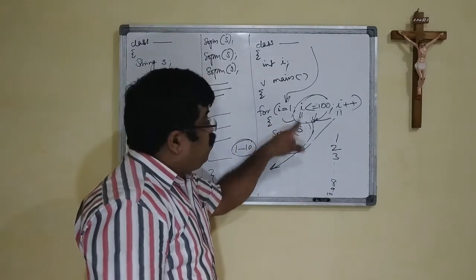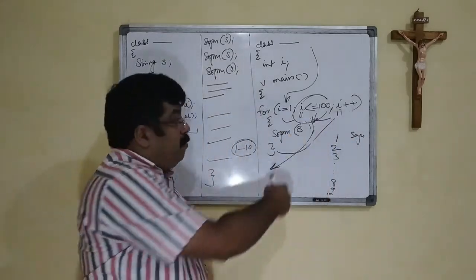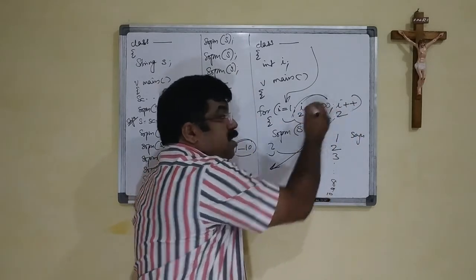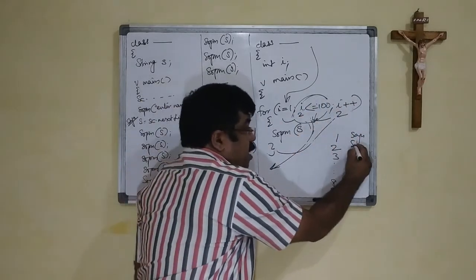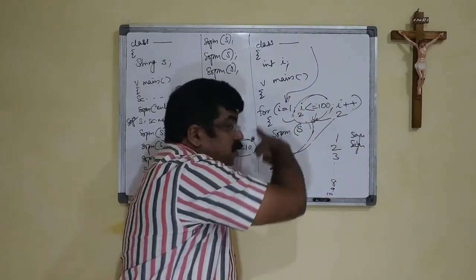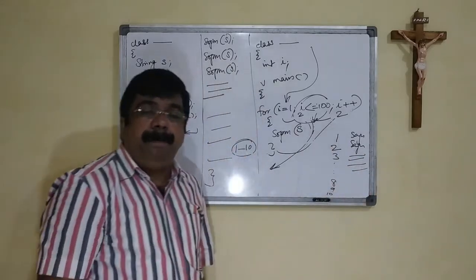So when I is 1, the first time it will print my name. When I is 2, 2 is still less than 100, it will print my name. Then I becomes 3, 4, 5. Every time my name is printed.